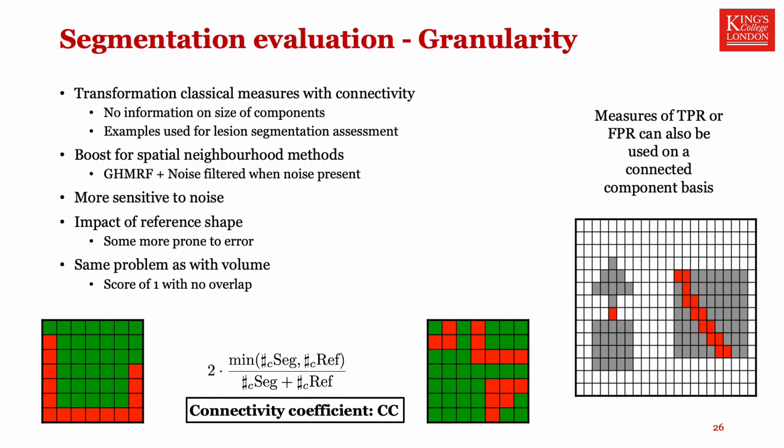On the catalog of evaluation methods for segmentation, you need to think also that sometimes you want to detect multiple objects. You remember what we discussed on object detection before, but when you do segmentation, you still may want to have a level of granularity. You need to find when components are connected, when they are disconnected.